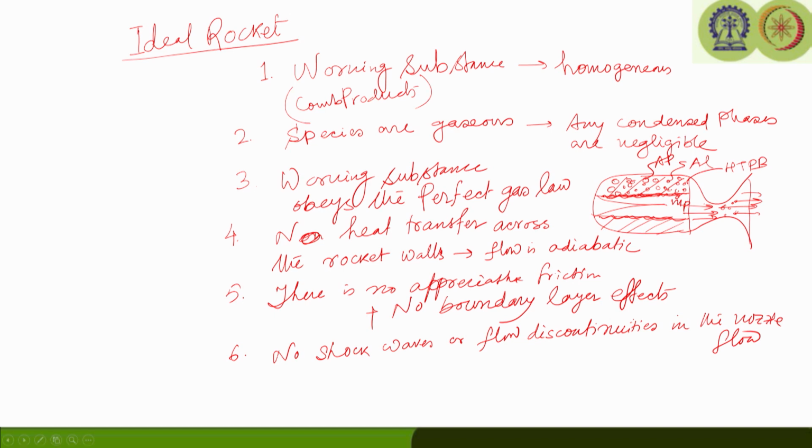The same thing is applicable for the liquid rocket, because in a liquid rocket it is coming from two separate tanks, the fuel tank and the oxidizer tank. They are passed through some pump and they come to the thrust chamber. So, what we are saying through this assumption is that the propellant flow is steady and constant.